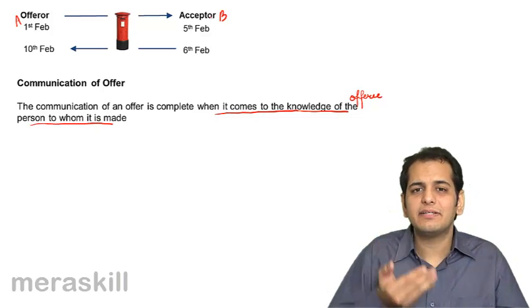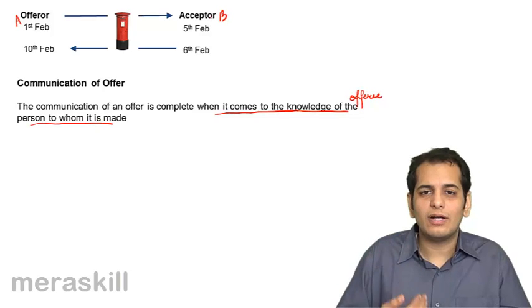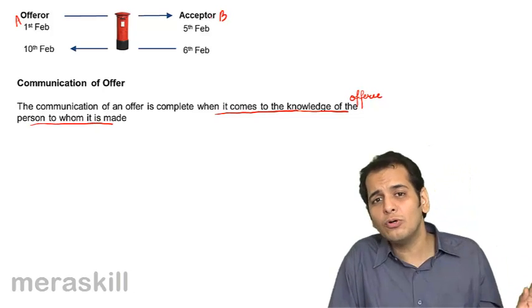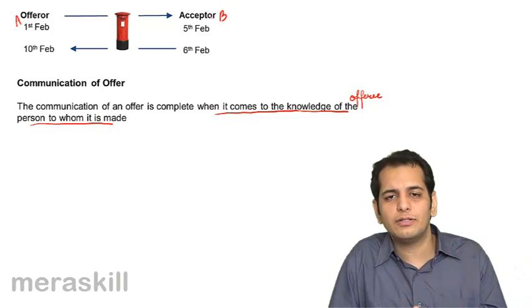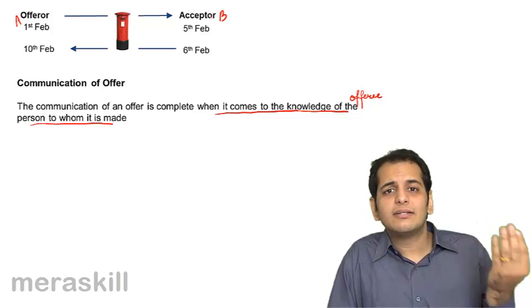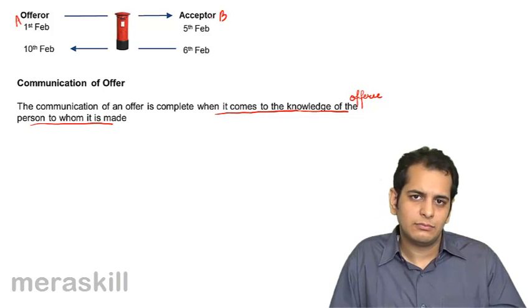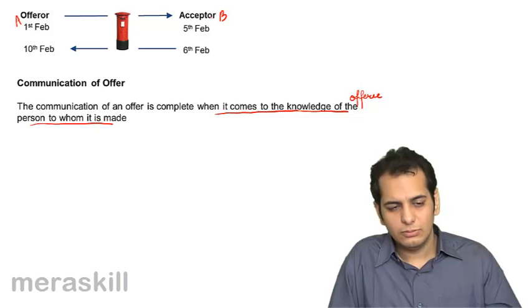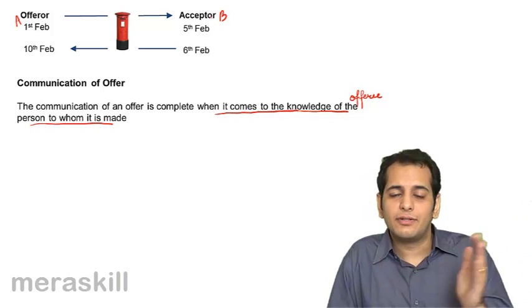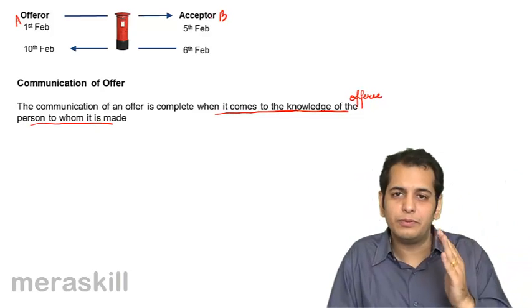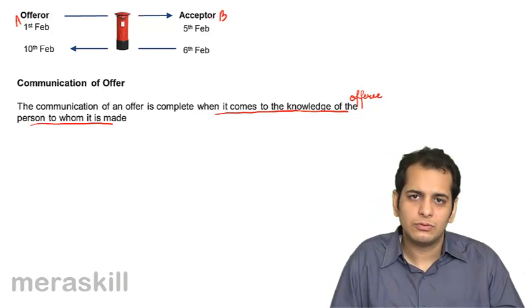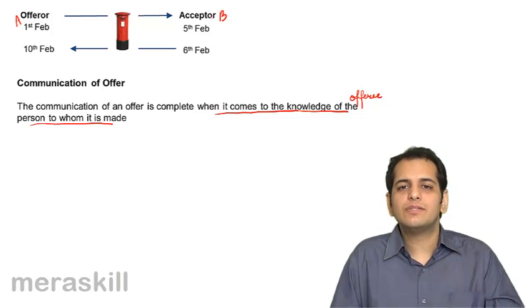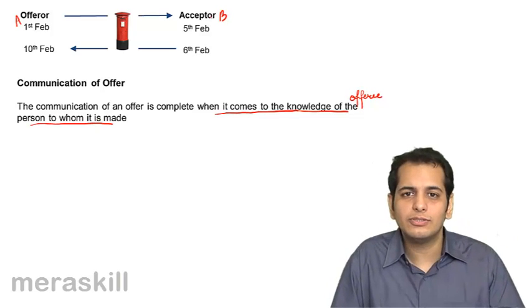Only after receiving the letter will he be able to understand that he has received an offer. He cannot know that he has received an offer until and unless he receives it. During the time it is in the post, or in transit from A's place to B, B will never know. So when can B know? When he receives the letter, when it comes to his knowledge.